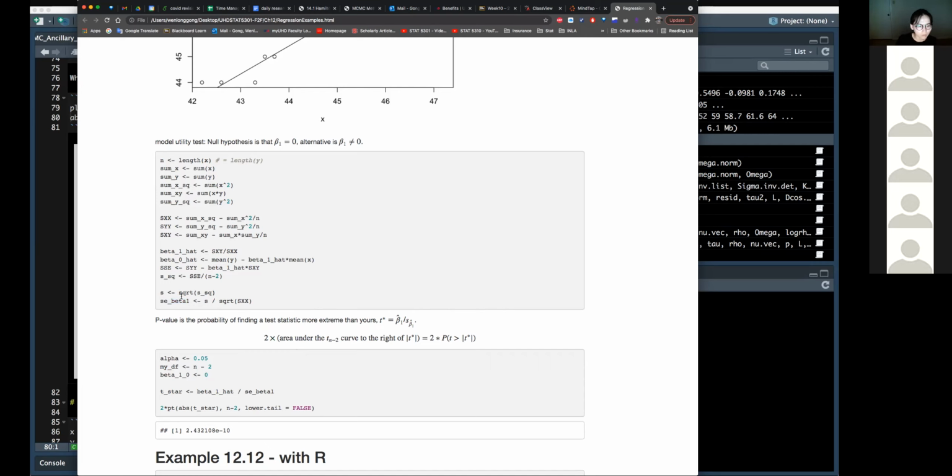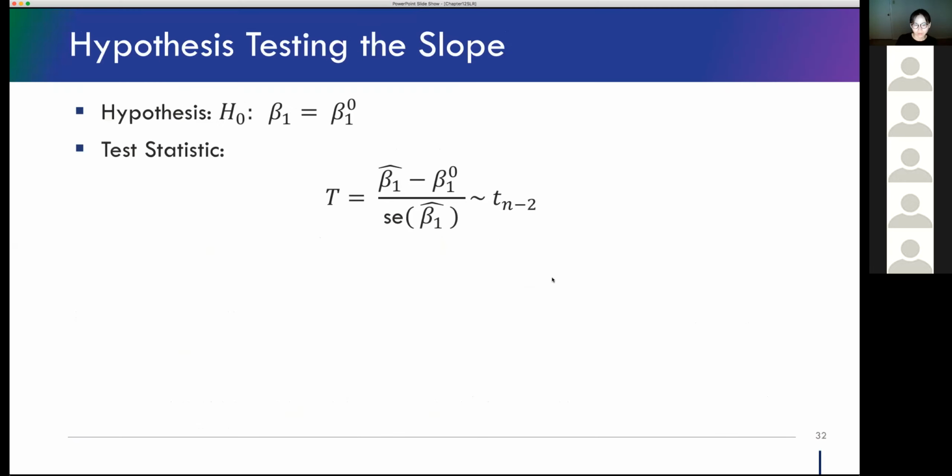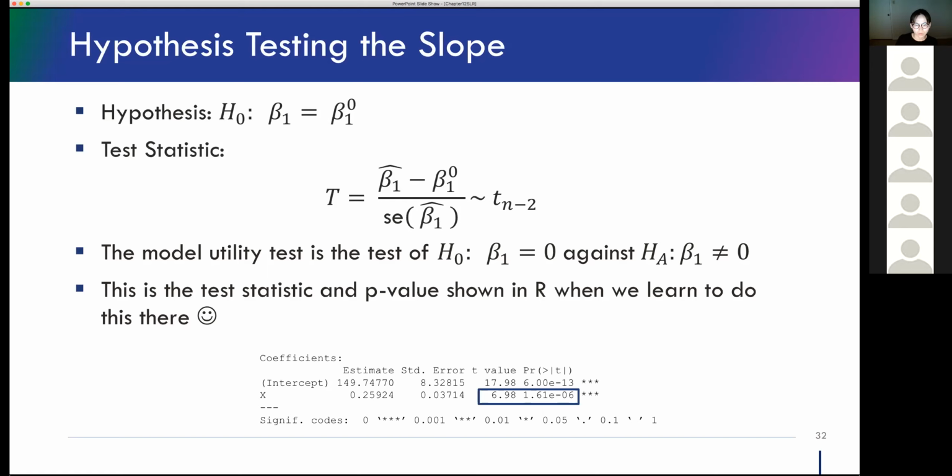Well, let me see where I get to. Oh yeah, this is your test statistic. Oh yes, here, this is your test statistic. Okay, this just refers back to this, like beta 1 hat minus 0.